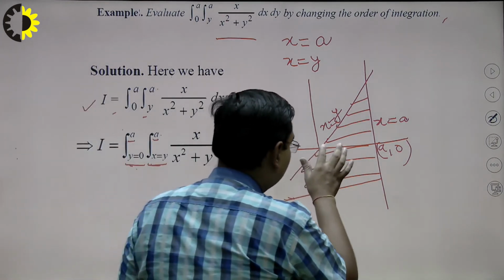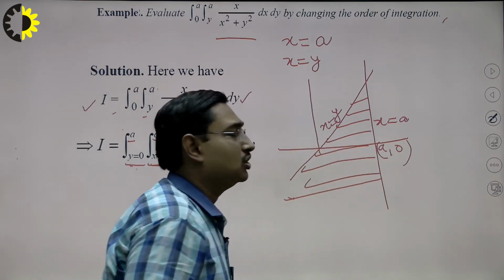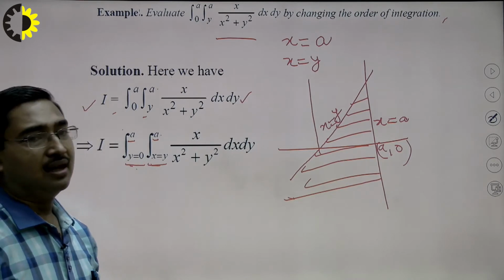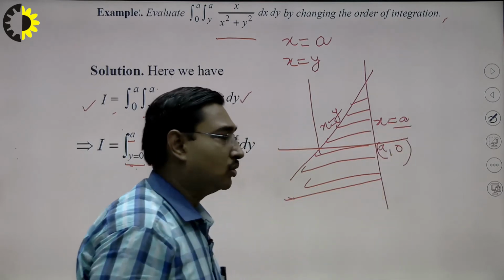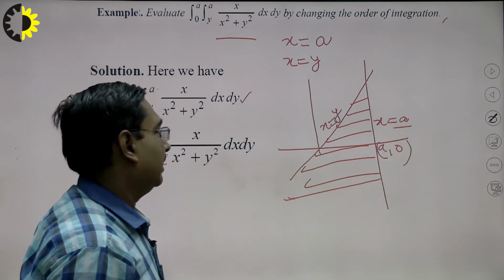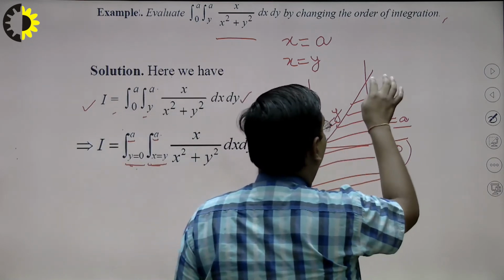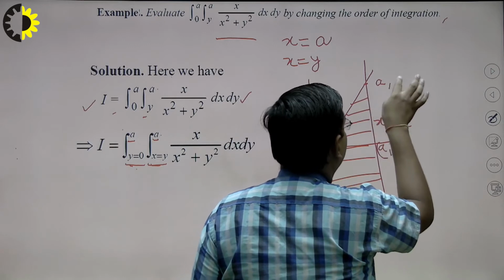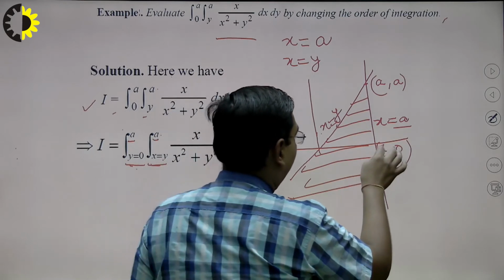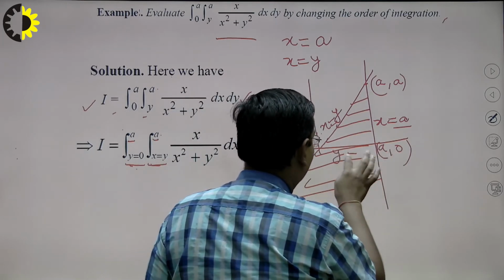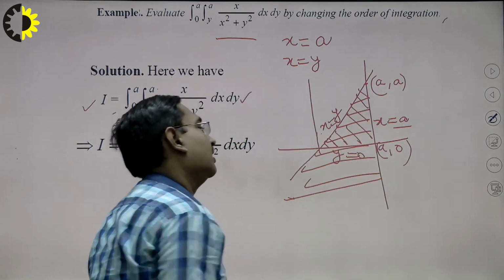So the region between these two lines lying from y equal to 0 to y equal to a is our region of integration. Substituting x equal to a in this equation, we obtain this point as (a, a). So this part is our region of integration.